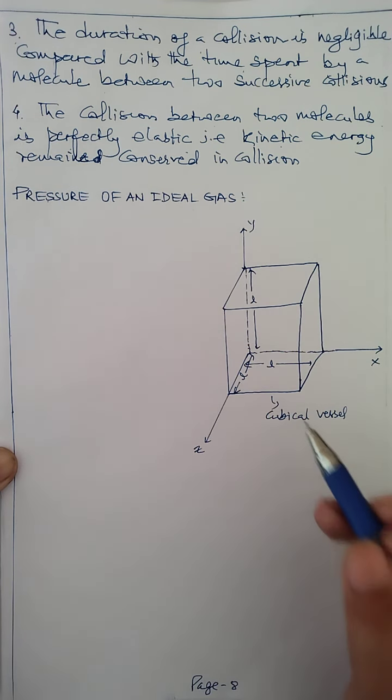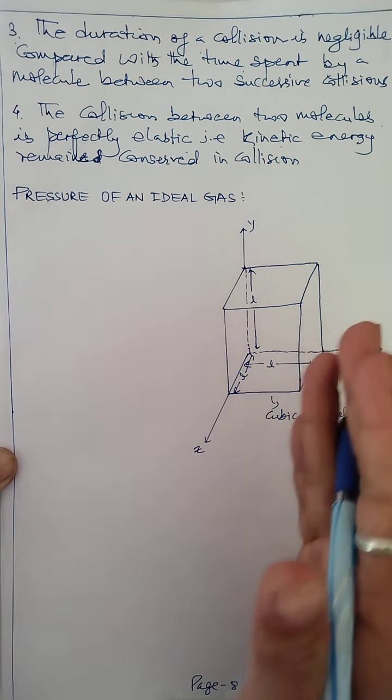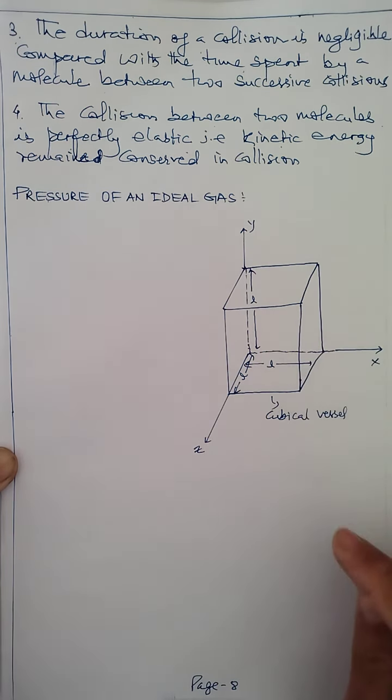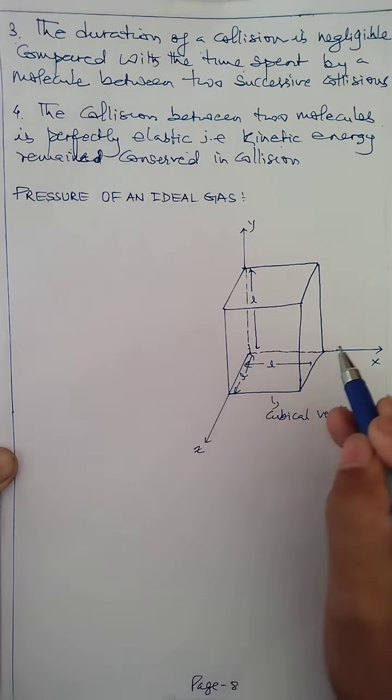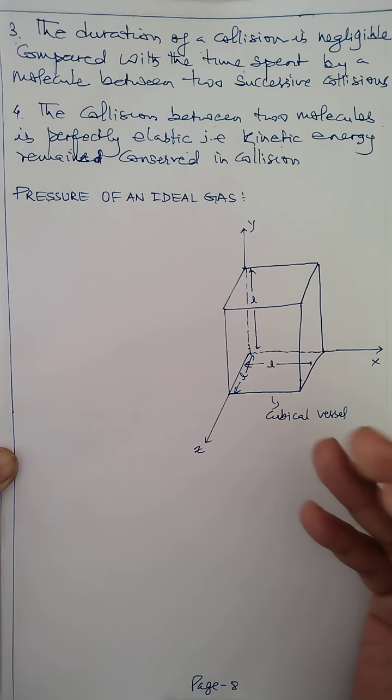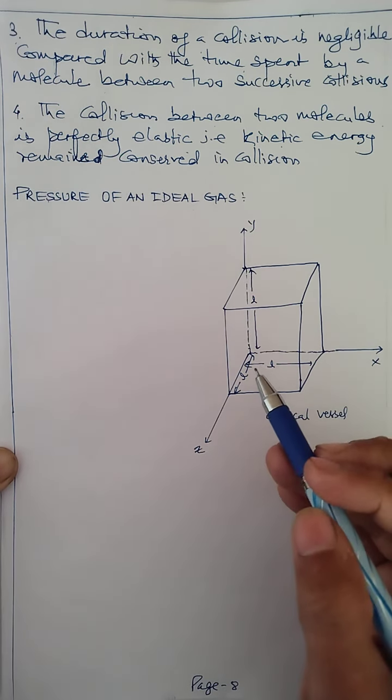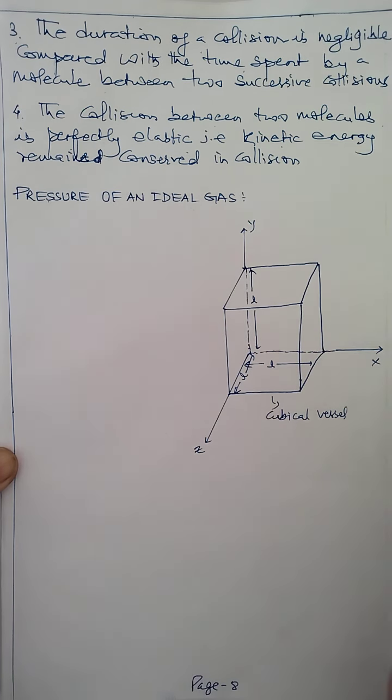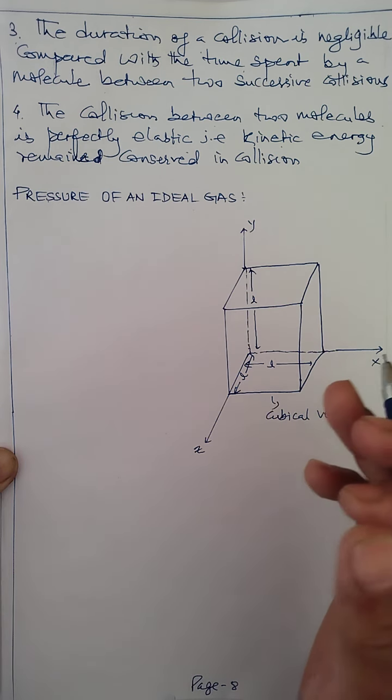But this vessel we take in such a way that the walls of the cubical vessel are perfectly elastic. Now when the walls of the vessel are perfectly elastic, then definitely the momentum and the kinetic energy remain conserved, so that when the molecules collide with the wall of the vessel, an equal amount of momentum is transferred by the molecules to the wall, because when the collision takes place with the wall, the molecules will return back without any loss of energy, and even the momentum will be conserved.